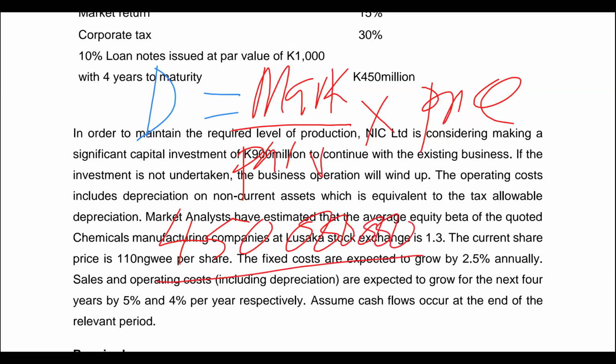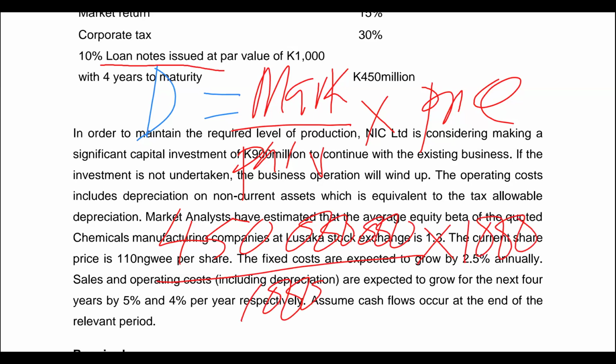Divided by the par value of 1,000, times what is the share price? So now listen carefully. If they say issued at par value, it means the same par value is the price. That's the trading price.